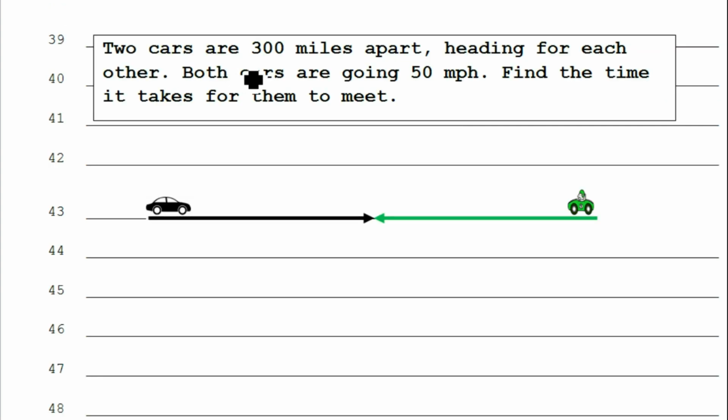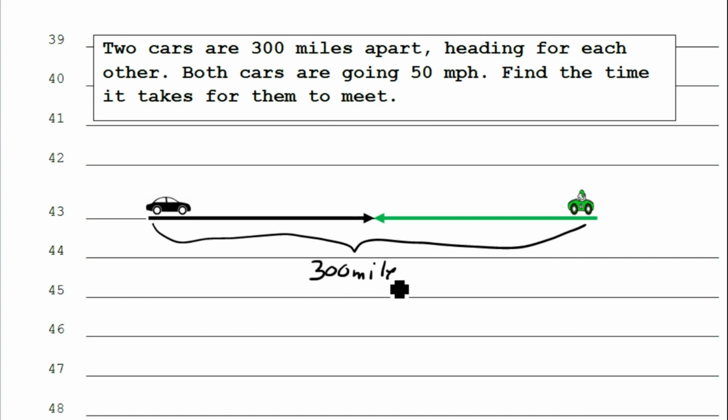In this problem, 2 cars are 300 miles apart, heading for each other. Both cars are going 50 miles an hour. Find the time it takes for them to meet. Here they are. We know D given is 300 miles.